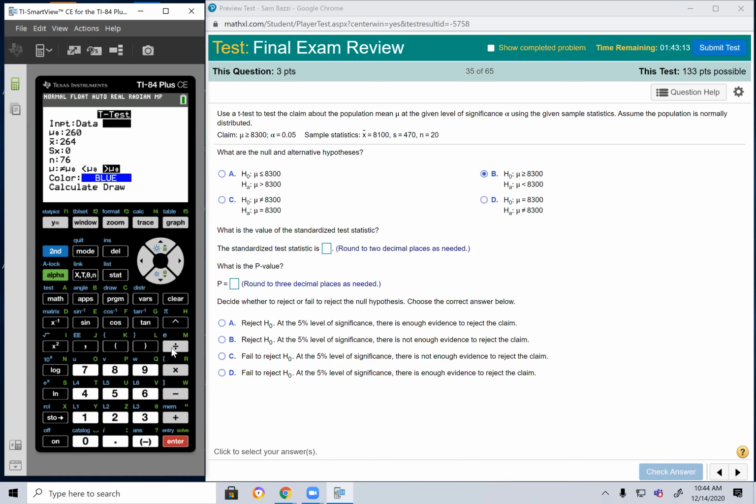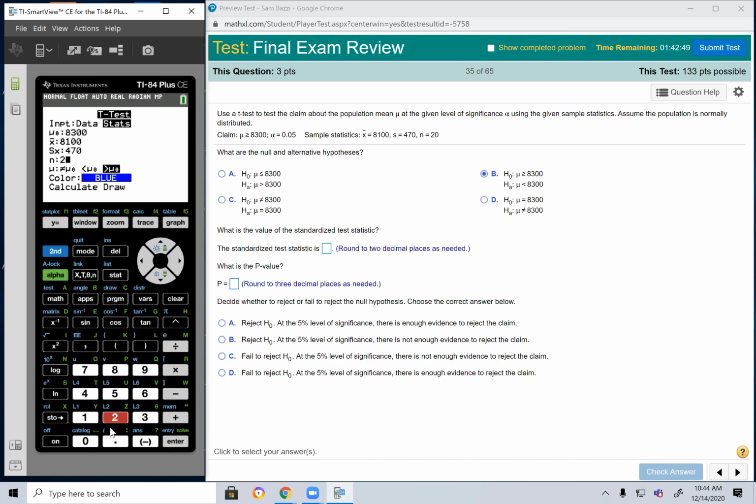T-test. 8,300. X bar is 8,100. S, you see, it's an S. Don't use a Z here. When it is S, it's always a T. Cannot emphasize enough on this.